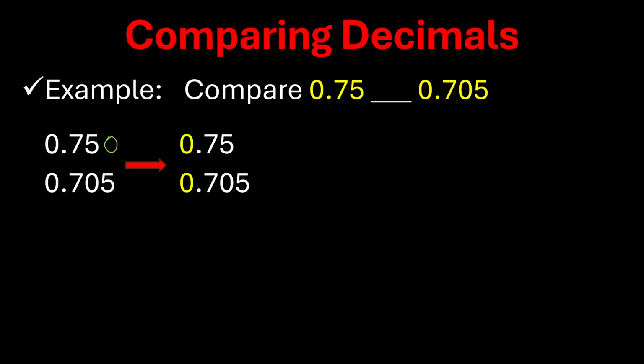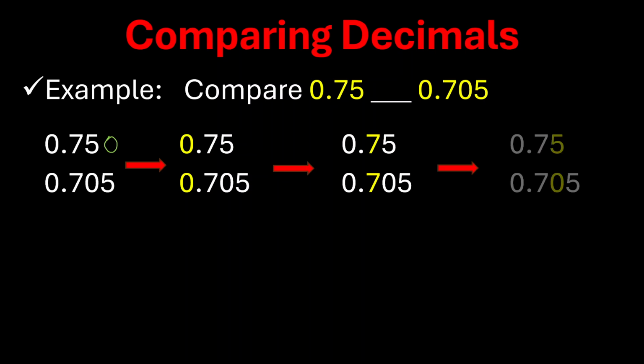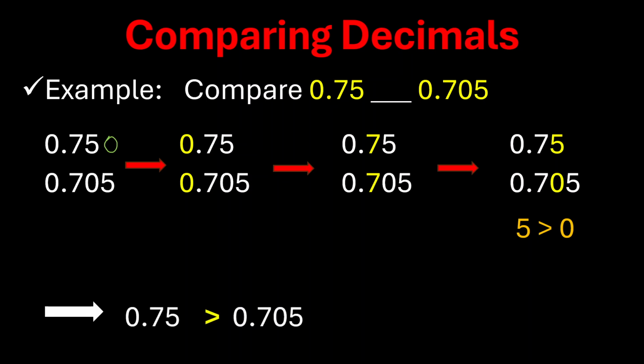Then compare 7/10 and 7/10. So equal. And then let's compare 5/100 and 0. So here 5 is greater than 0. Then the first number is the greatest number. Okay, that's easy.